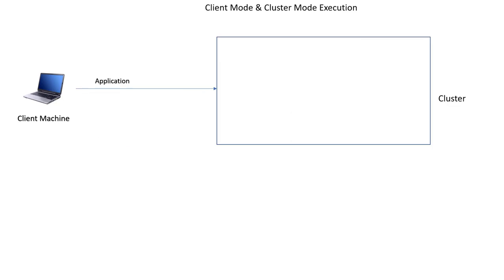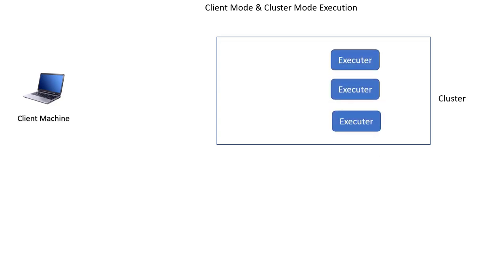Now let us move to a different point. Based upon the situation of the driver, there are two different modes. One is the client mode and the other is the cluster mode of execution. Suppose this is the client machine and this is the cluster.